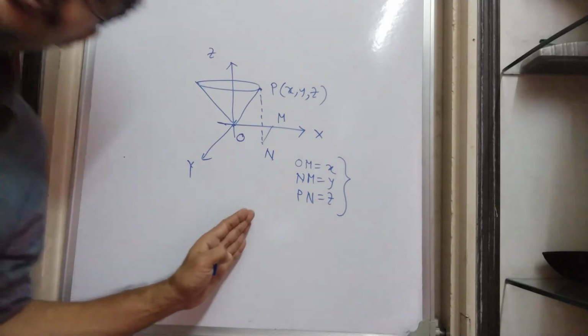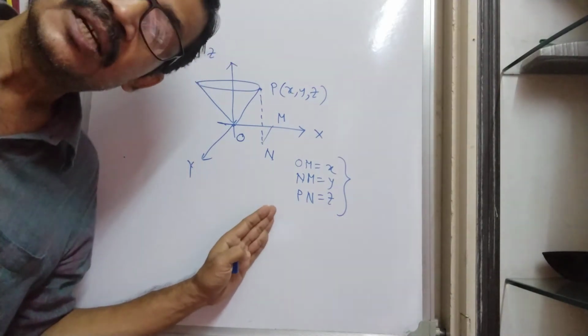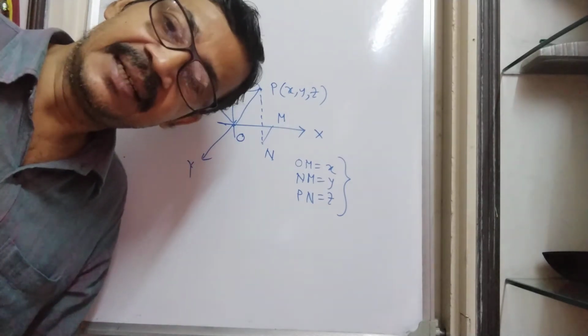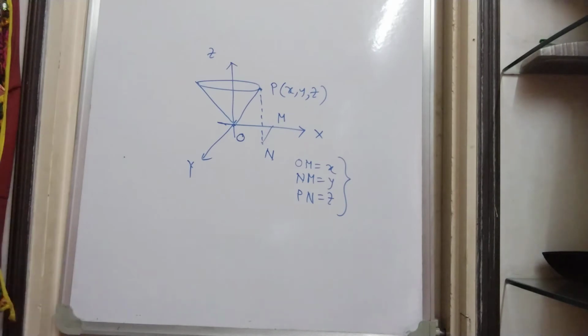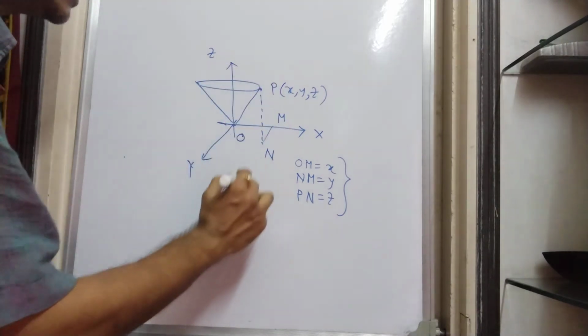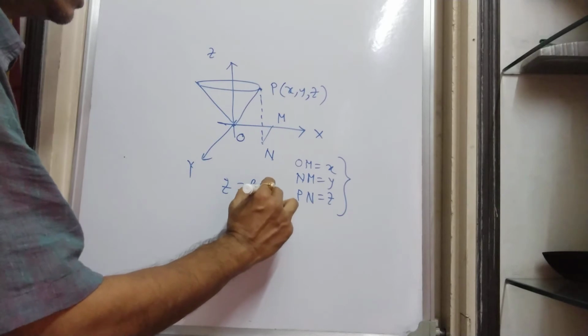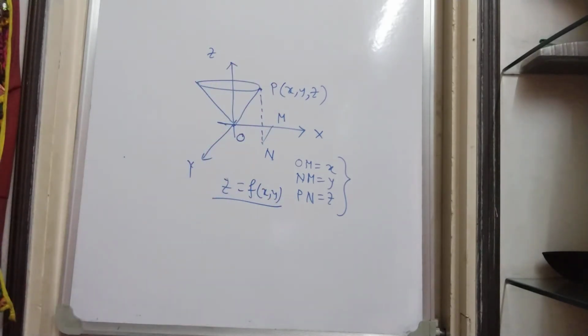Now, why do we discuss this, or how will this illuminate us regarding the calculus of two or more independent variables? Let us assume that the equation of this circular rim of the cone is expressed as z equal to a function of x, y both.